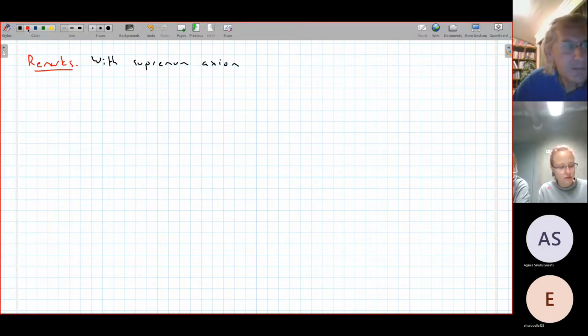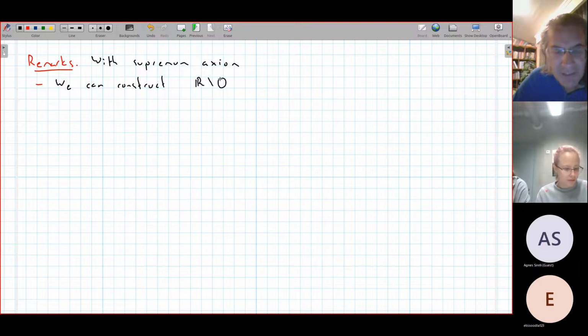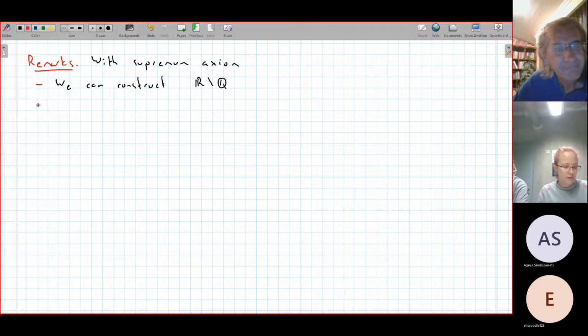Okay, with the supremum axiom, we can do various things. We can construct the irrational numbers. For instance, you can prove that square root of 2 is a real number. We can prove also that the natural numbers is unbounded.